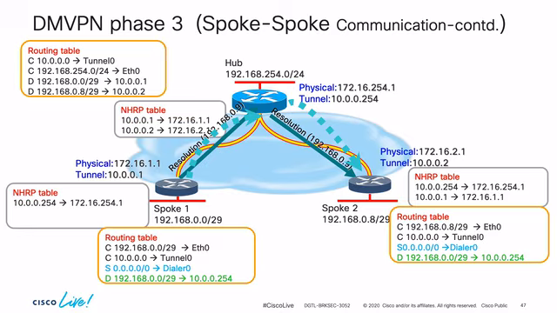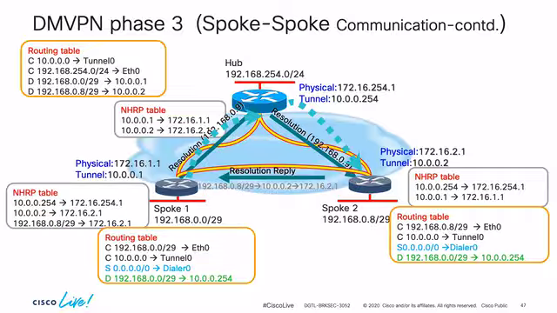Subsequently, it sends out a resolution reply directly to spoke 1 rather than sending it to the hub, because it has information about spoke 1 and how to reach spoke 1. And once spoke 1 gets the resolution reply, it is going to have the NHRP mapping information of spoke 2, which it populates in its NHRP table.